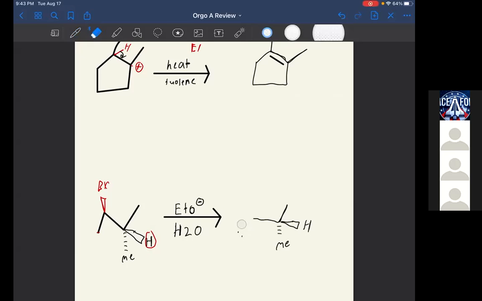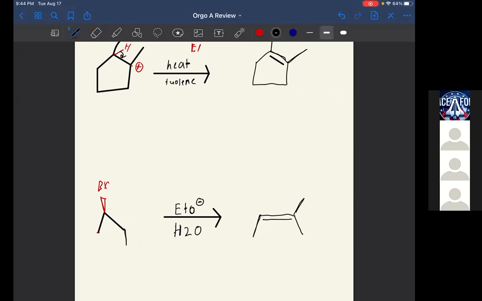What's going to happen is the molecule is going to rotate and it's going to eliminate like that. Because if you drew this out, if you rotate this bond, not slightly actually, you have to rotate it fully. You would get that, and now it can undergo an E2 elimination reaction because the bromine is opposite of the hydrogen.